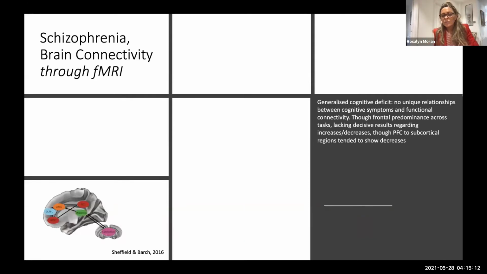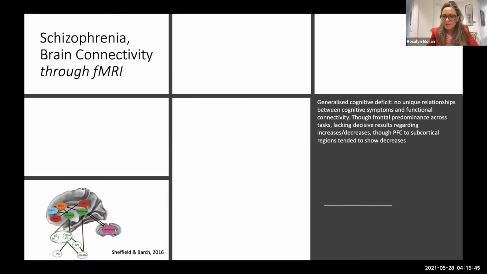And also that if you were to extend this circuit to other solid literature that's linked to cognitive deficits, but in no unique way, it would also include thalamocortical and cerebellar thalamocortical loops. And also positing again in the context of lots of reinforcement learning tasks that the striatal circuitry and its link to thalamus and prefrontal cortex is another key aberrancy when you look at functional connectivity in patients with schizophrenia.